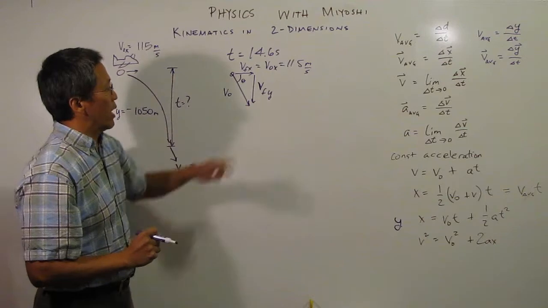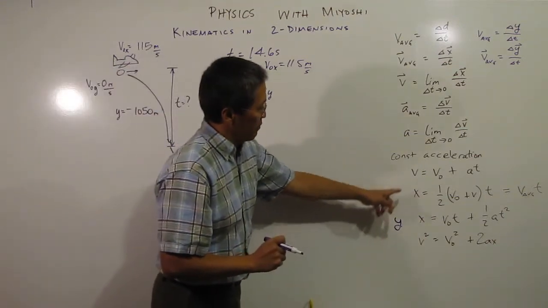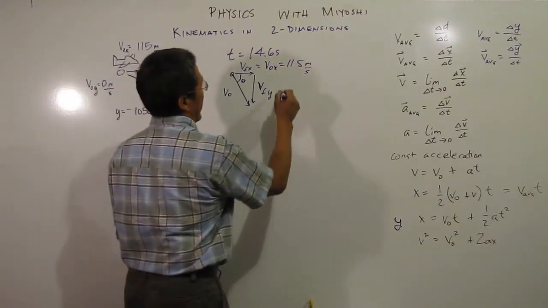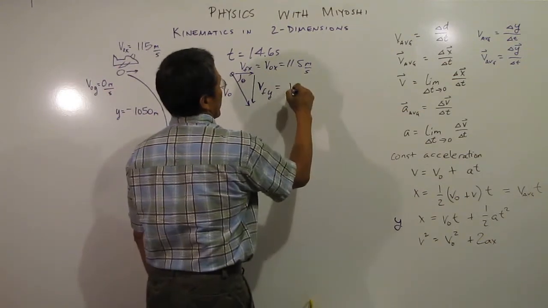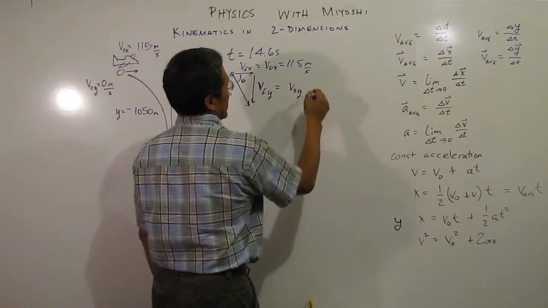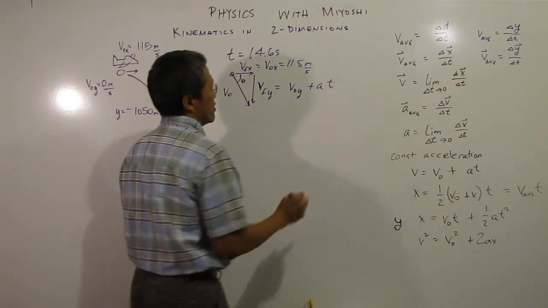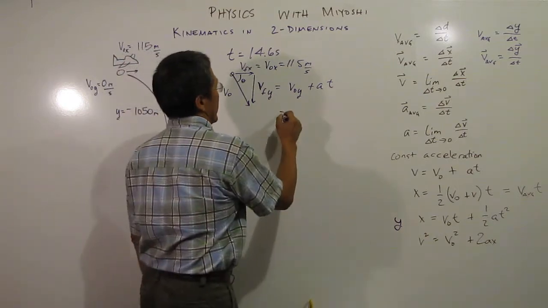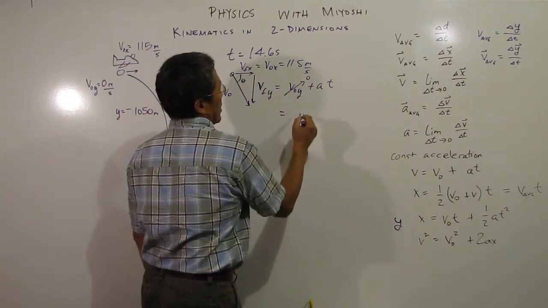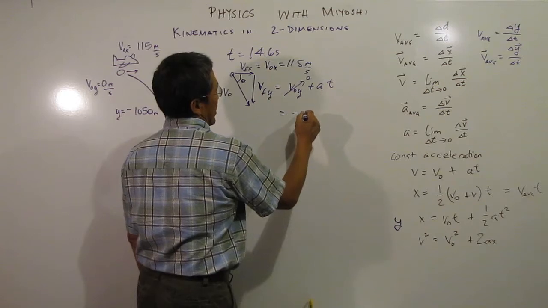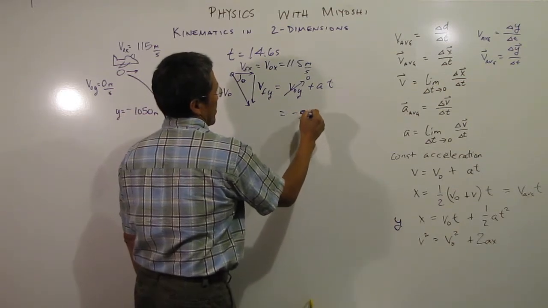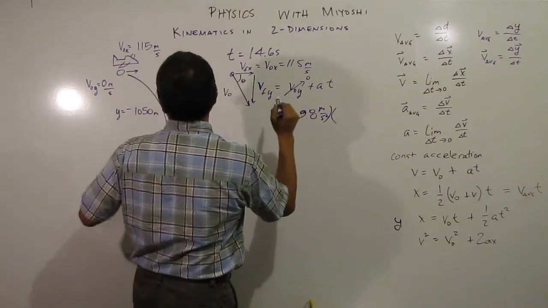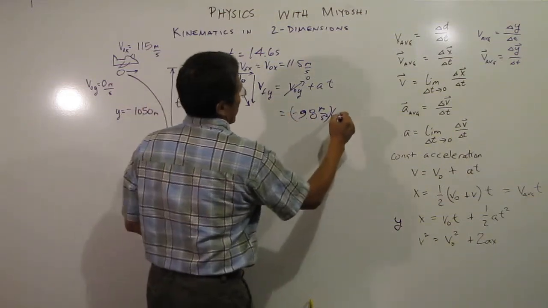And then we can find vfy again from this equation right here. We define it as v0 in the y direction plus a times t. Well, we know a and we know t. We also know v0y is 0. So this is going to be negative g, or negative 9.8 meters per second squared, times 14.6 seconds.